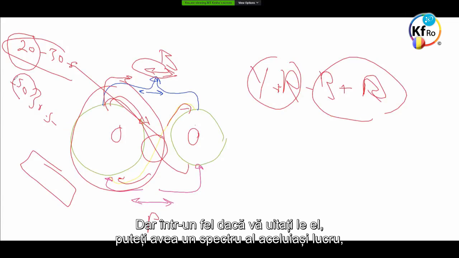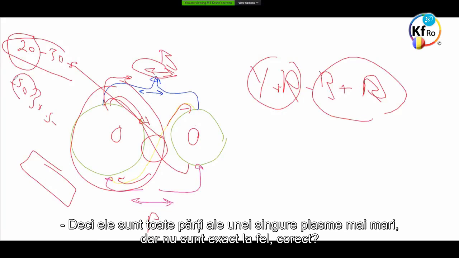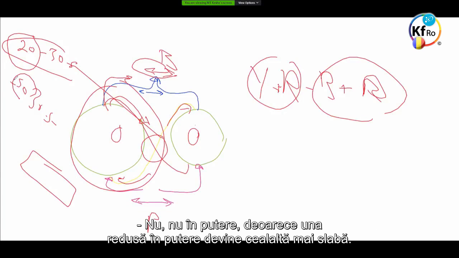But in a way, if you look at it, you can have a spectrum of the same thing, but if the gap is big enough, you can have the soul, the emotion, and the physicality within the structure of one element. So they're all parts of one bigger plasma, but they're not the exact same, right? No, not in the strength, because one in reducing its strength becomes the other of the weak.